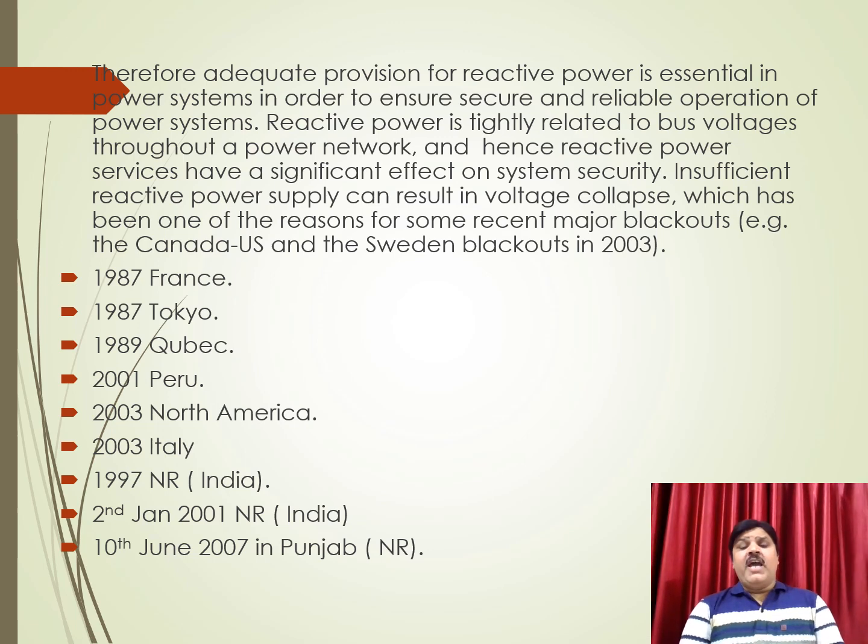Similarly, in July 2012 the voltages also collapsed due to non-availability of power in the grid. It was a grid collapse due to voltages and power shortages, outage of transmission lines and misbehavior of protections, etc. A number of reasons were behind the grid collapse of 2012.